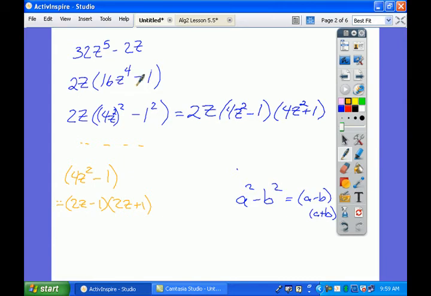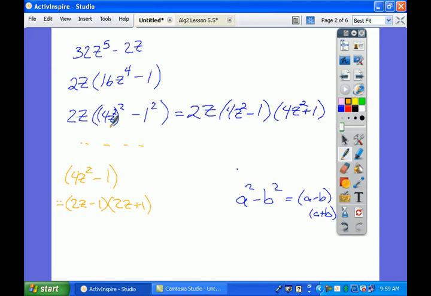That's the exact same idea here. It's just not z squared anymore. It's z to the fourth. Is that okay? Okay, cool. How did 16z to the fourth go to 4z squared? It didn't. 16z to the fourth went to 4z squared squared.